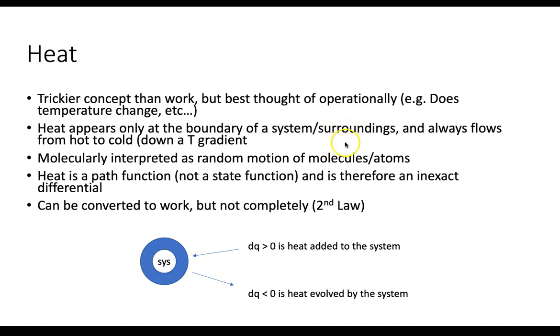So we once again have our convention for how we define heat flow. If dq is greater than 0, or positive, we're adding heat to the system. If it's negative, heat is evolved from the system. This is something you might have thought about when we were talking about enthalpy in Gen Chem, but it's the same kind of sign convention. So the sign just tells us the direction of heat flow.